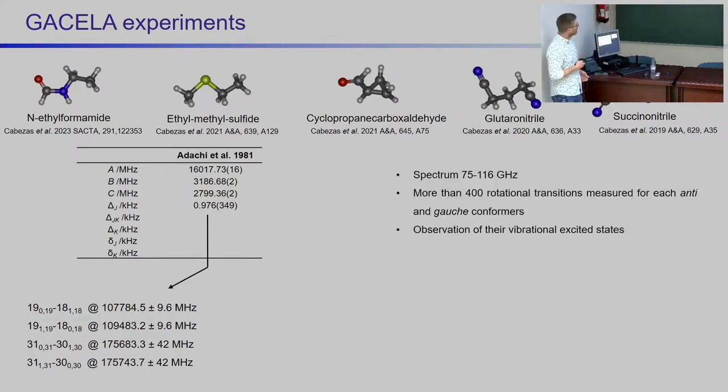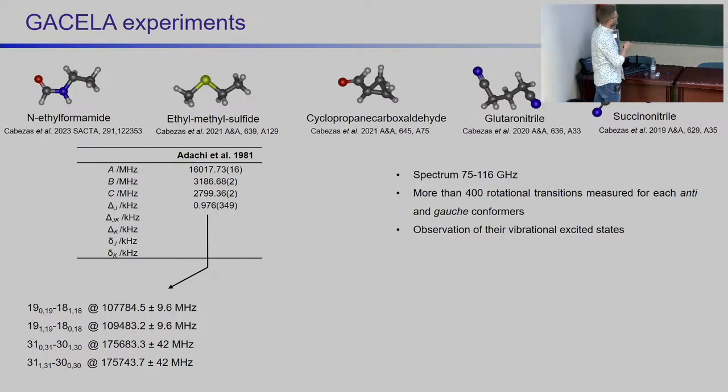But we did the study of this molecule in the range of 75 to 116 gigahertz, and we were able to observe more than 400 rotational transitions for each of the two conformers, the anti and gauche conformers.